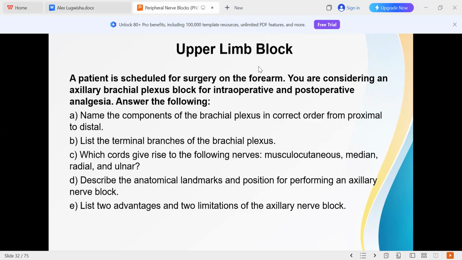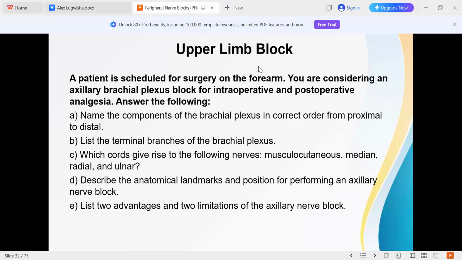So it reduces the risk of pneumothorax or inadvertent intravascular injection. Two, it is very good for distal upper limb surgeries, for example the forearm, wrist, and the hand.